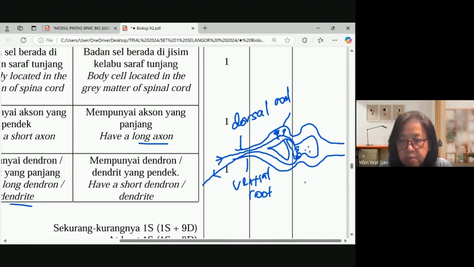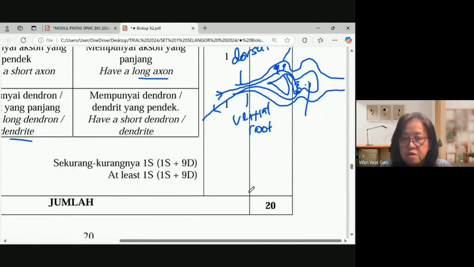This is the gray matter of the spinal cord. So to make it larger, this is sensory neuron, then you have a relay neuron, and then you have a motor neuron.